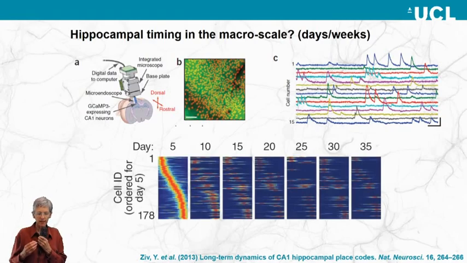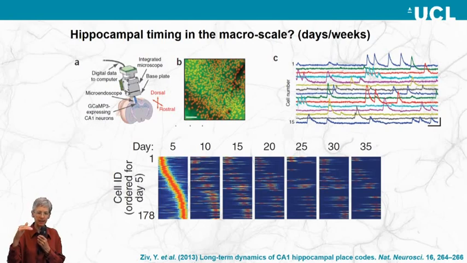What was found is that if you record from these cells day after day, there's a subpopulation that maintain the same place fields and another population that slowly turn over. The first panel on the bottom is showing day 5. Each of those 178 cells is arranged in the order of the location on the linear track where the cell is active.